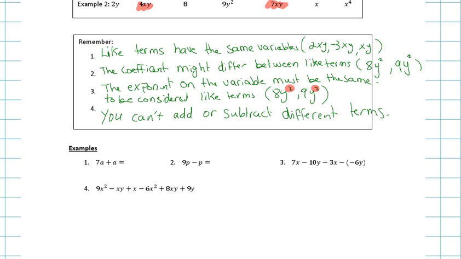Let's look at the first example. It says 7a plus a. Can I simplify that? When you have a letter by itself, what's the coefficient of it? 1. It's an invisible 1. So it's like saying I have 7 apples plus an apple. It's 8a.